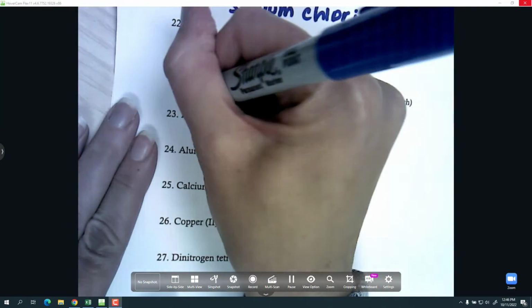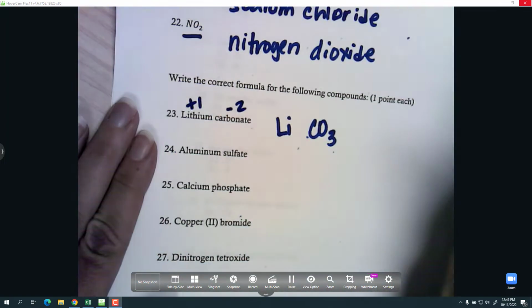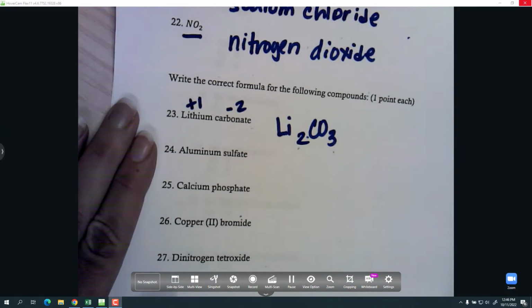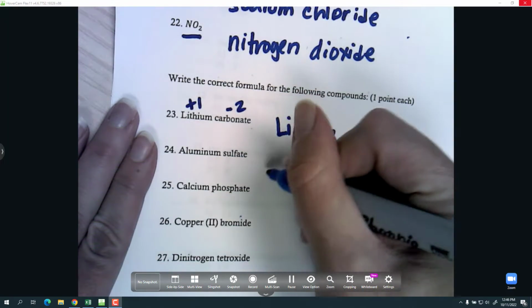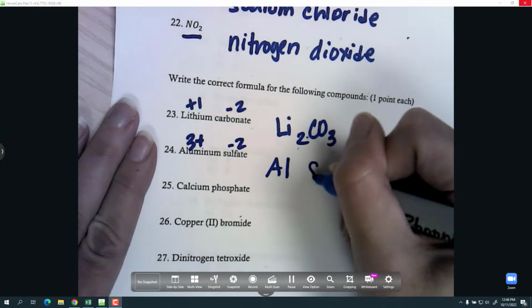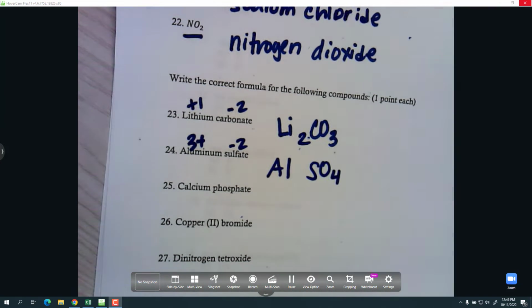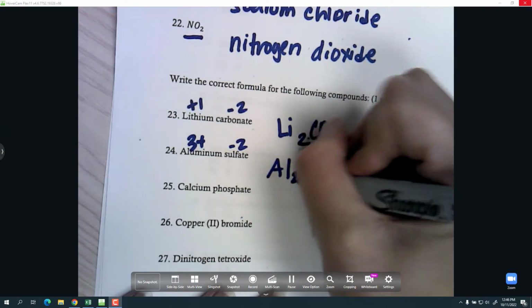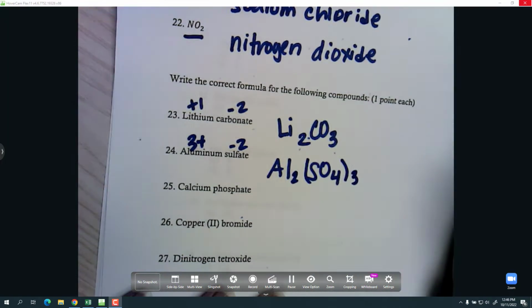And hopefully I remember that carbonate is a -2. So I'm going to need 2 lithiums for every carbonate. Aluminum is a +3. Sulfate is a -2. So to make the charge cancel, I'm going to need 2 aluminums and 3 sulfates.